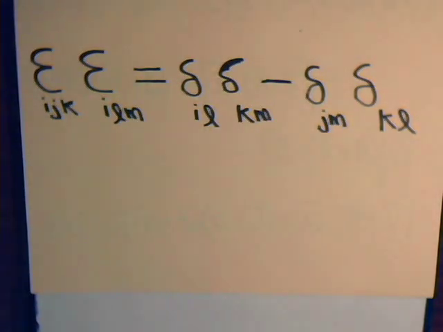It looks like a rather formidable identity, but we will prove it in future videos, and we want to understand it thoroughly because it is a very, very powerful tool for proving much more complicated vector identity problems.